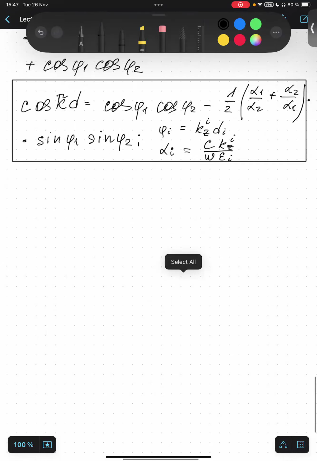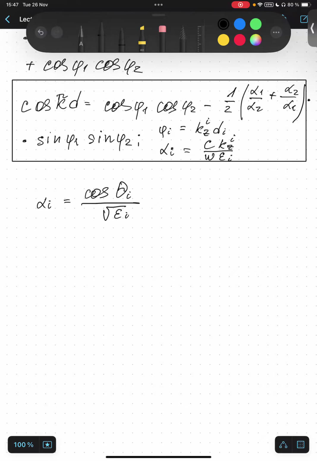So one also can notice that we can have some dependence on angle of incidence in our structure. So in order to find it, we can substitute kz. And we can rewrite our alphas just with cosine theta i divided by epsilon i.